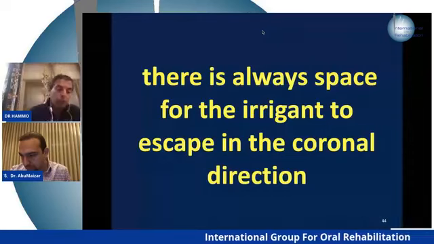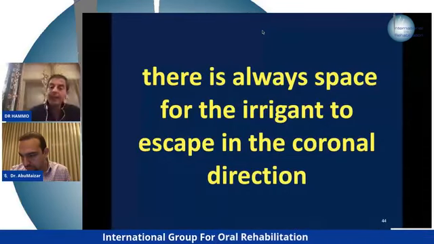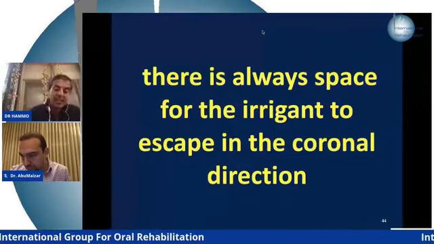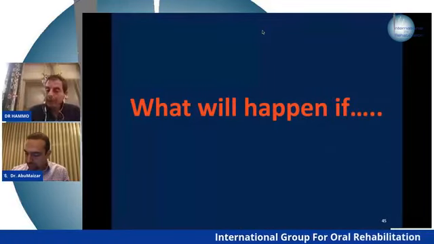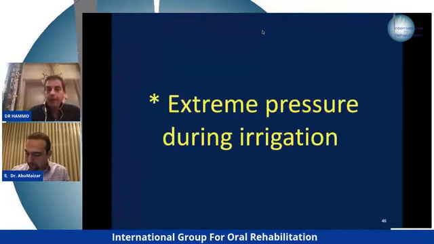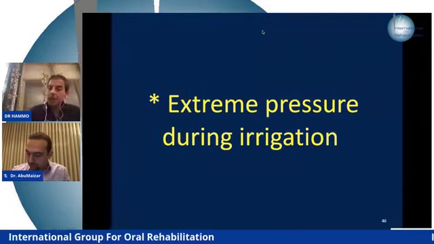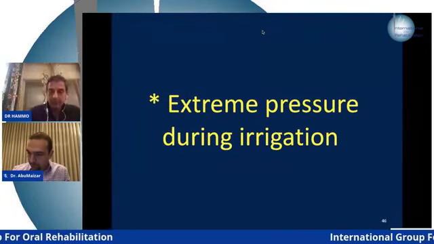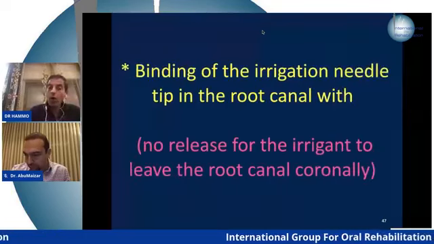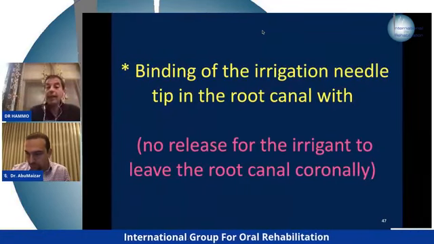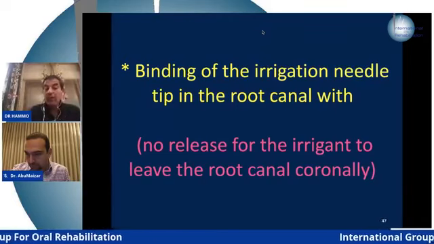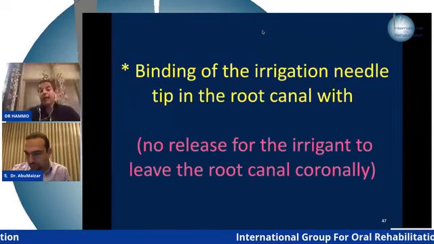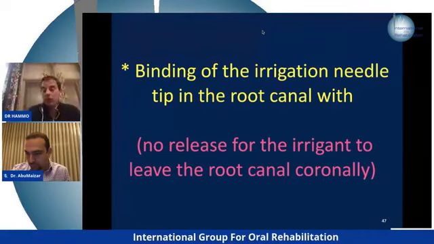So keep your needle free inside the canal and don't make it stuck inside the canal. What will happen if there is extreme pressure during the irrigation, or if our needle gets stuck inside or binds inside the canal? So there is no release for the irrigant to leave the root canal coronally.